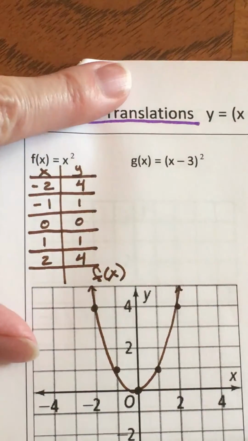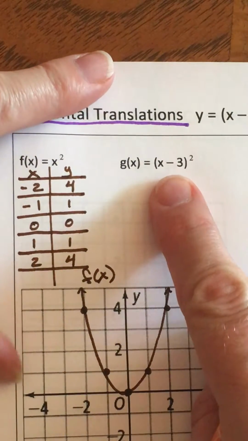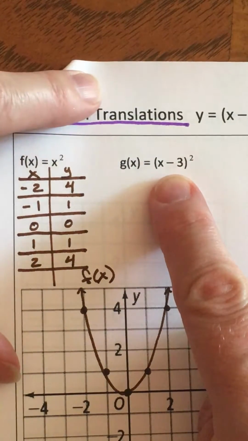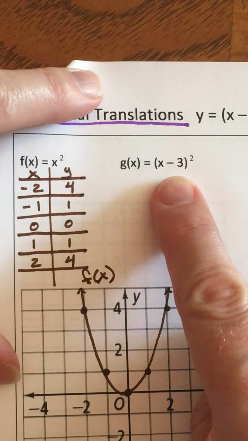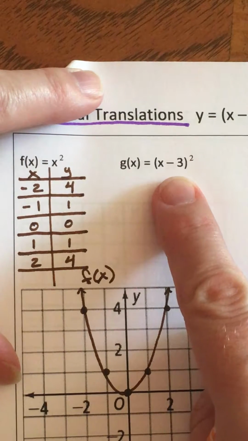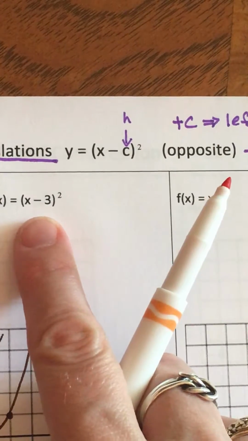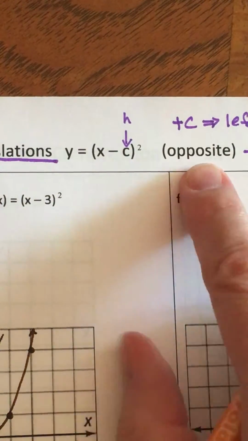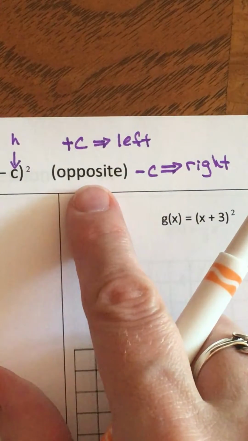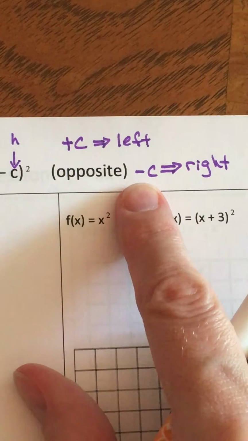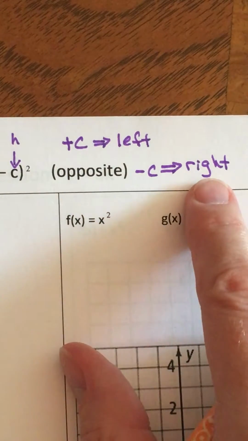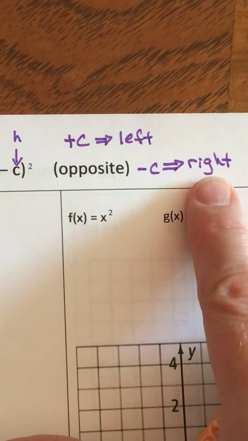All right, our g of x, we have a horizontal shift. Inside of our parentheses, we see a minus 3. So that tells us from our instructions in the notes, we're going opposite the direction of the sign. And whenever we have a minus C or a minus H, we're going to slide to the right that many units.